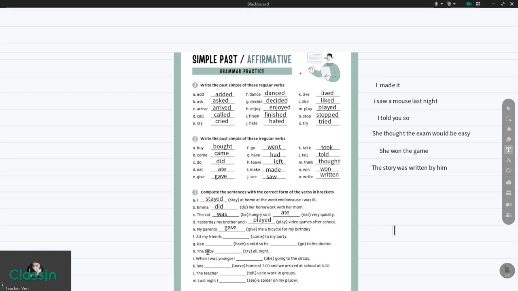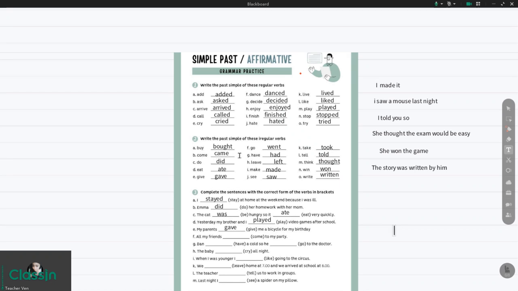We're halfway there. Okay. Let's move on to our next sentence. Letter F. All my friends blank come to my party. Okay. For come, what is the simple past form? Okay, it's here. Letter B in here.